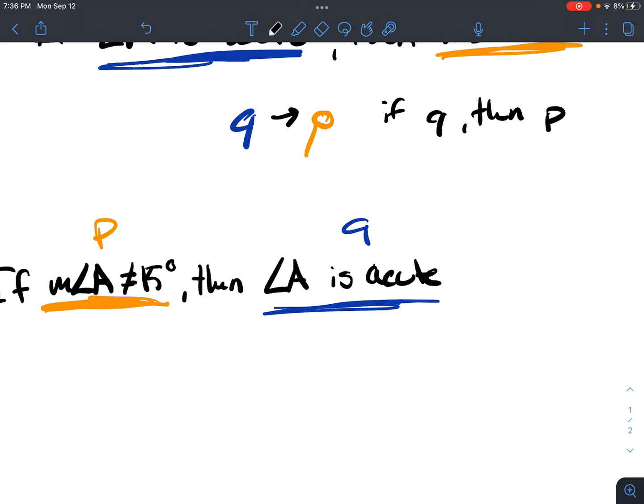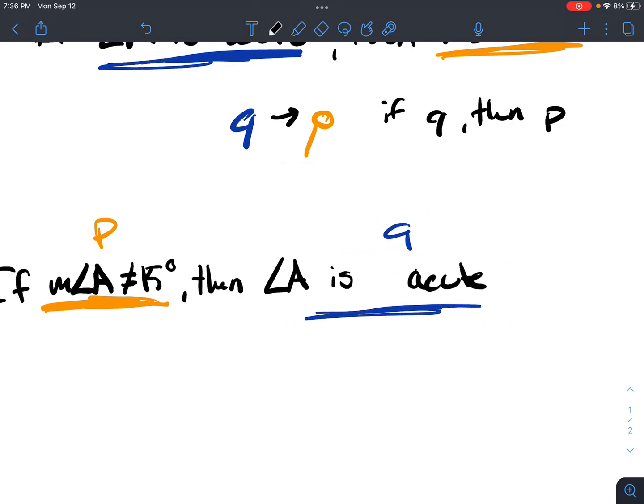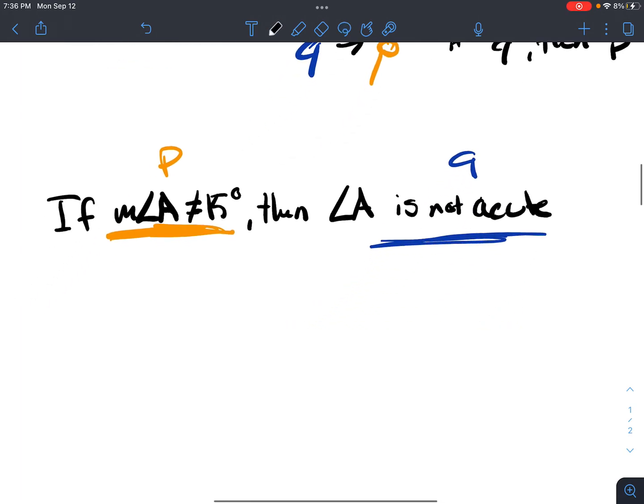If measure of angle A is not 15, then A is not acute.